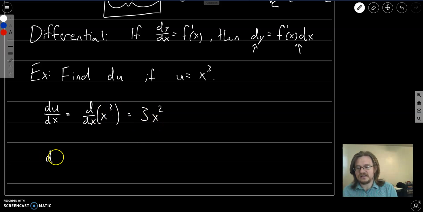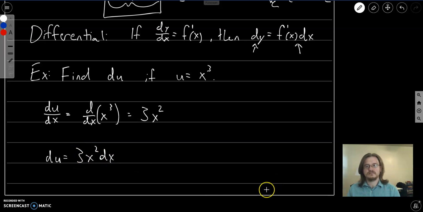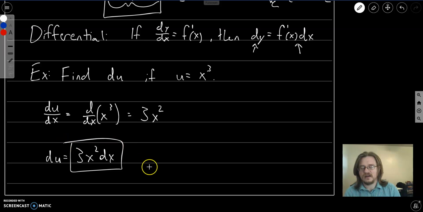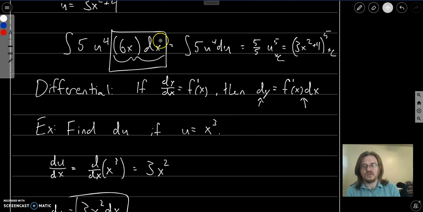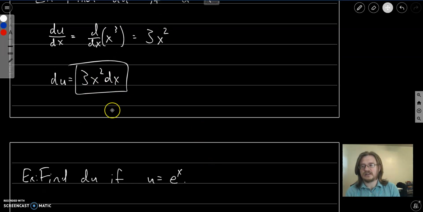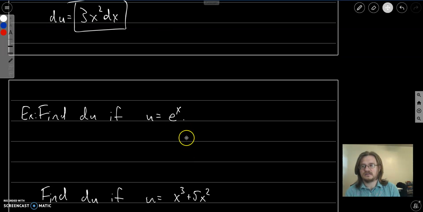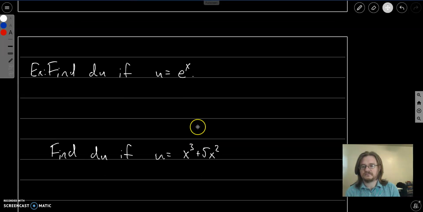So this means that du is going to be 3x squared dx. And that's it. I can find this differential by taking a derivative and plugging a dx at the end. This is how we will know how to substitute this last part of our integral. Let's do a couple more examples with differentials.